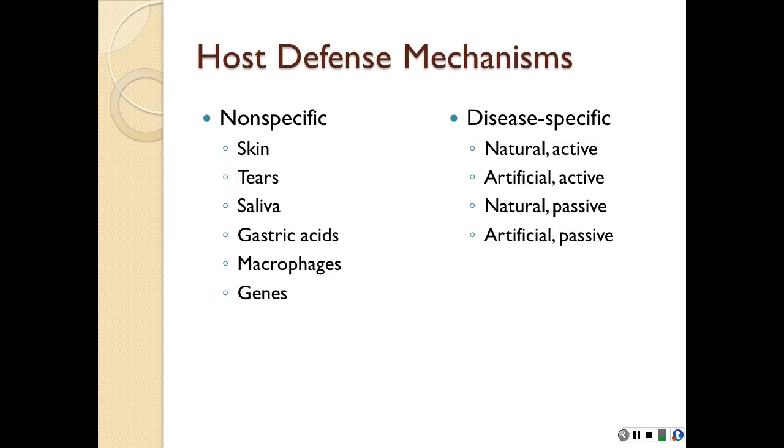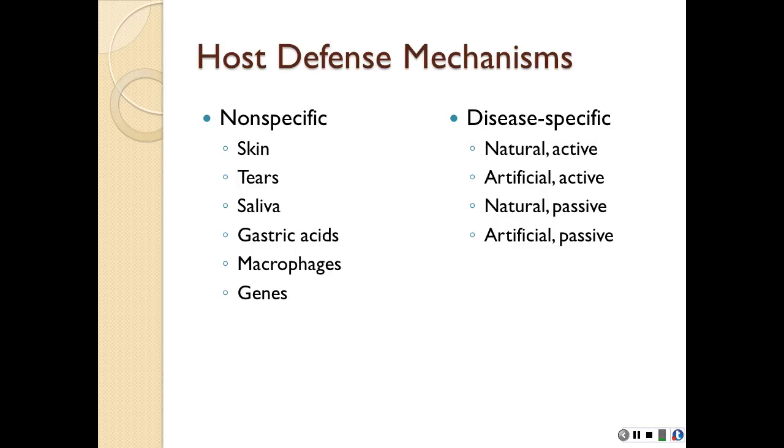Artificial passive refers to short-term immunity from previously exposed individuals. You take the antibodies from them, you swirl them in a centrifuge and make them all nice and neat, and then you give them to somebody else. An example: there are some people that cannot have the smallpox vaccine because there are a lot of contraindications, because the smallpox vaccine is dangerous.